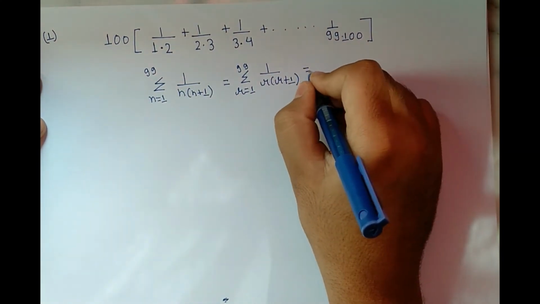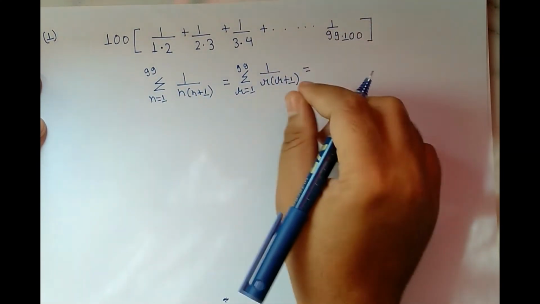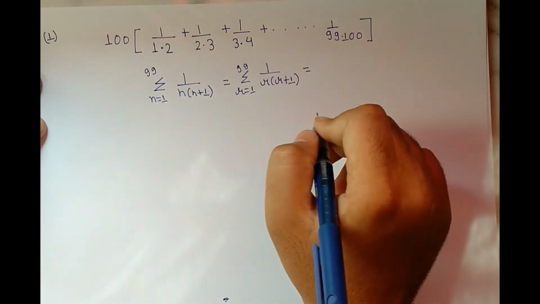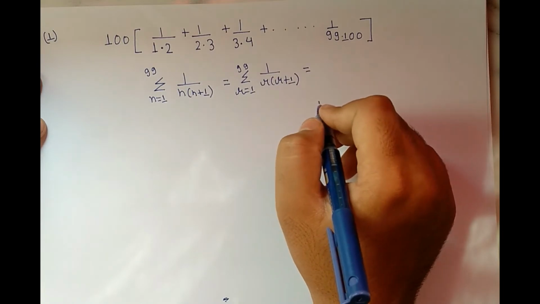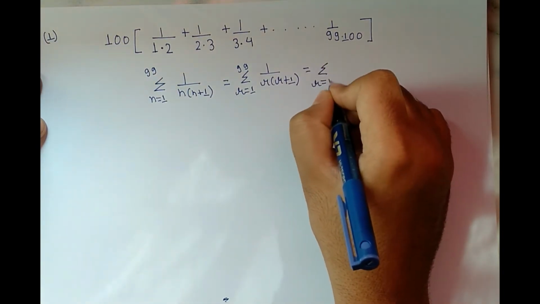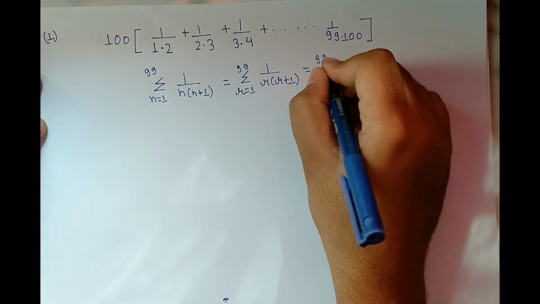So to solve this series, we need to simplify this general term. Well, how to simplify this? We will use the help of partial fractions. So I would convert this into sigma r is equal to 1 to 99.